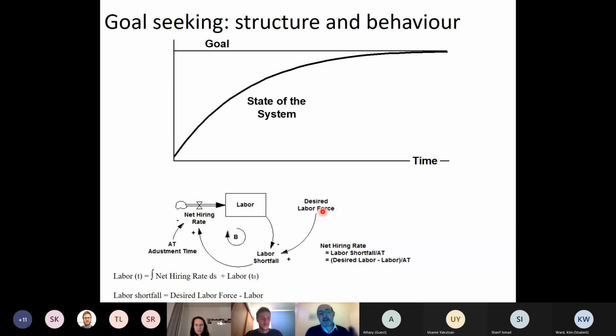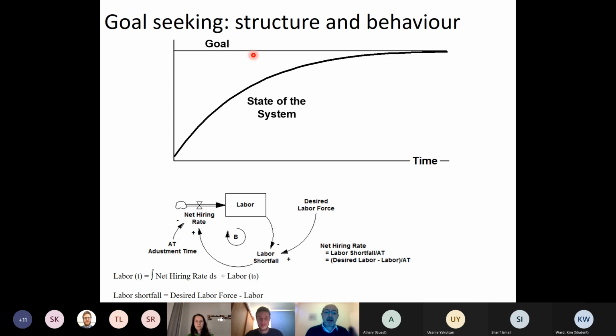You say, I need this number of people, this is my goal, and I already have this. Okay, let's hire the difference, the labor shortfall, over this period of time, and then we reduce the gap a little bit more, and then we compare. That's why we call it a goal-seeking structure.